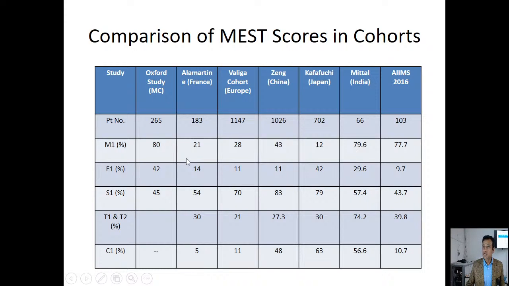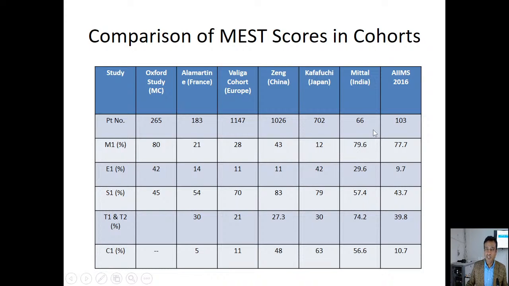In the French cohort and in the European cohort, there was a much lower incidence of mesangial hypercellularity, but a significantly higher number of segmental involvement and some amount of chronicity. And crescents again in 11%. In the Chinese cohort, again lower incidence of mesangial hypercellularity, predominantly segmental lesions, and higher degrees of chronicity. In the Japanese cohort, again segmental lesions were the commonest, and significant chronicity.